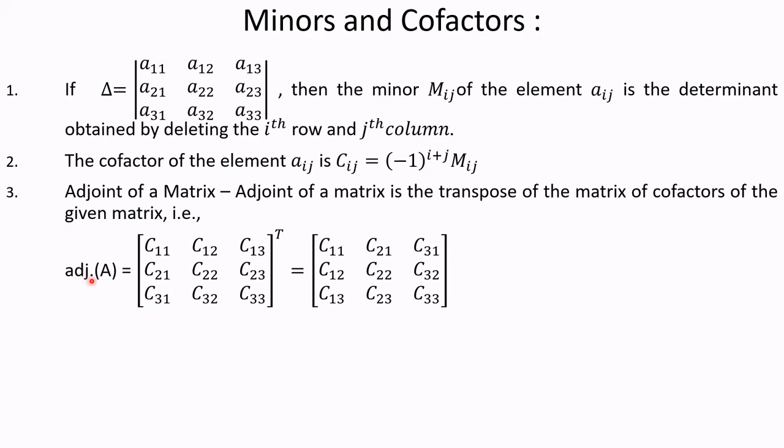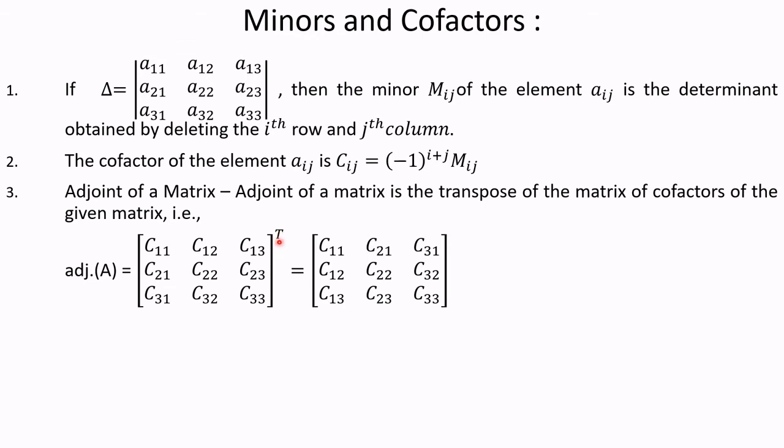So the adjoint of a given matrix, with C11, C12, C13 in the first row, in the second row C21, C22, C23, and C31, C32 and C33. To find the adjoint, we have to take a transpose.